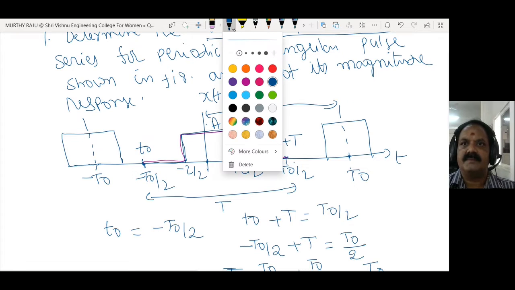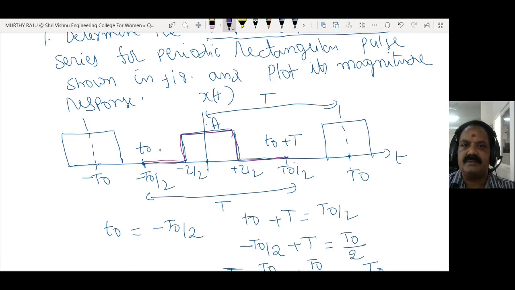Minus T0 by 2 to minus tau by 2, the value is 0. Minus tau by 2 to plus tau by 2, the value is A. Plus tau by 2 to T0 by 2, the value is 0. So the interval is divided into 3 intervals.